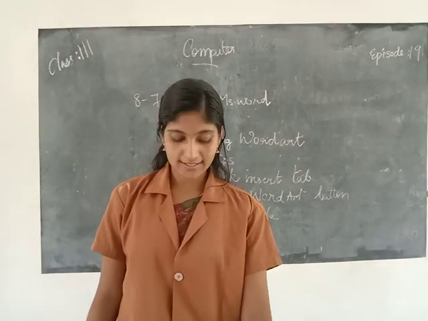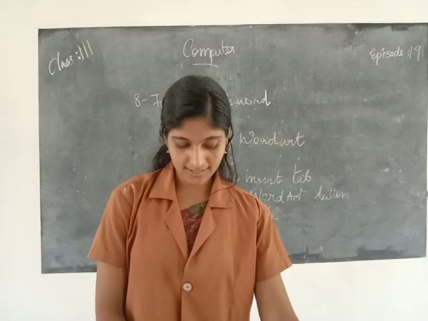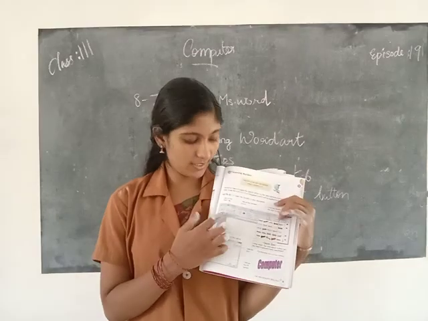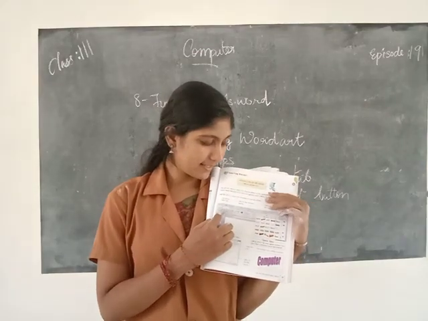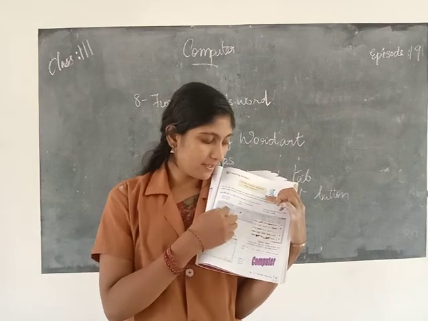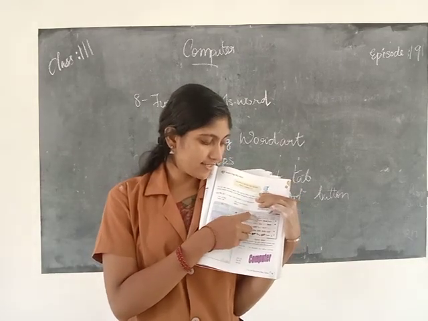So once again, look at the picture, page number 79. Click on the insert tab. Here is the insert tab, and in the insert tab you can see various options.